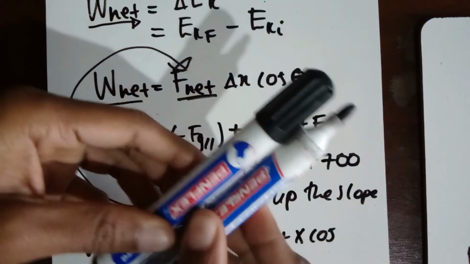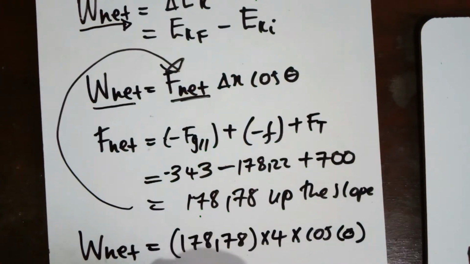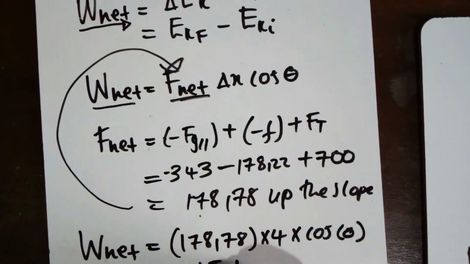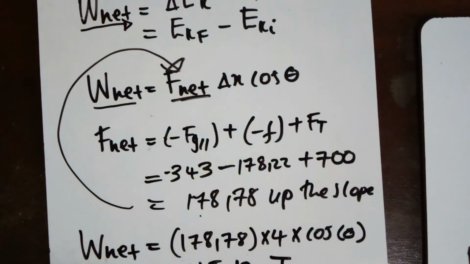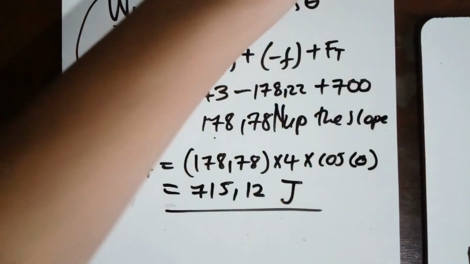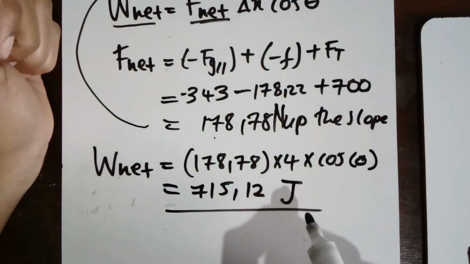The angle is 0, so there's no angle between them. So you can just simply say the cos of 0. And if you put that in your calculator, you are going to come to a value of about 715.12 joules. And this is newtons. So don't forget that. Make sure that you at least get the same values as this one.